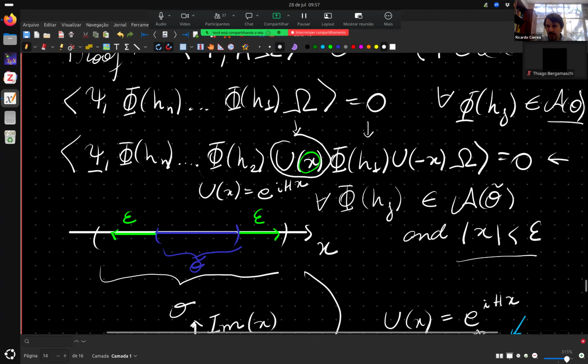But now I just learned that I don't need to restrict myself to only a translation of size epsilon. I can in fact take any translation and it will be zero.